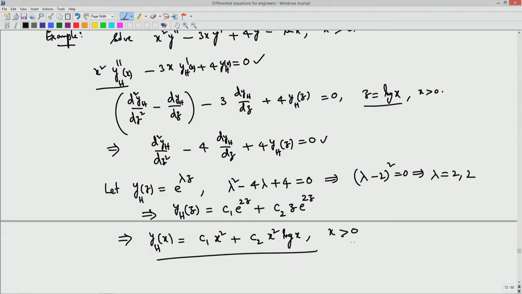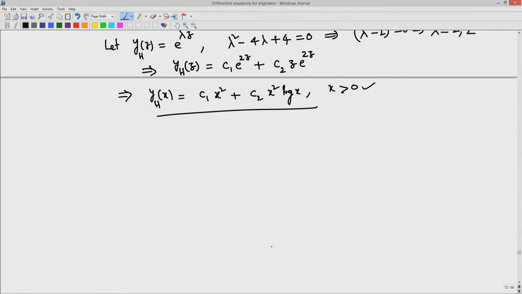This is your general solution of the homogeneous equation. This is one solution and this is another solution: y1 of x is x square, y2 of x is x square log x.